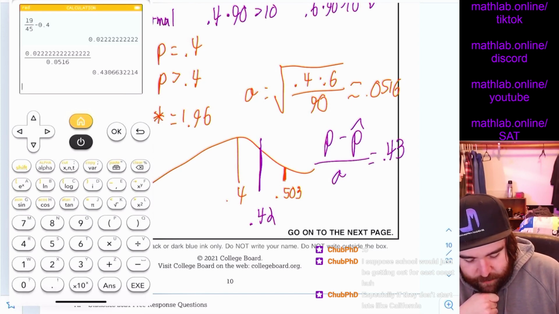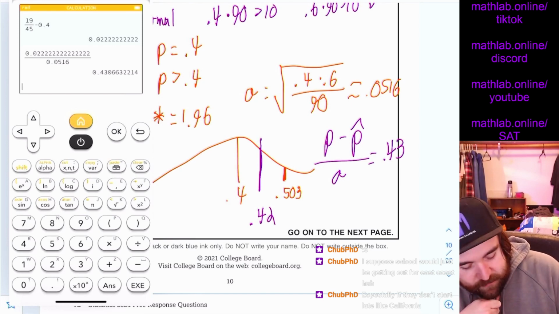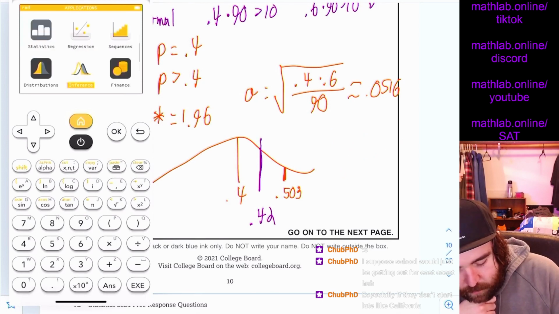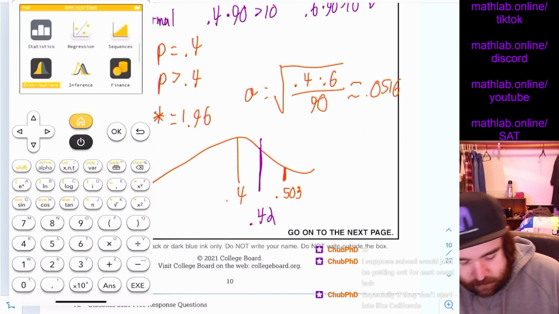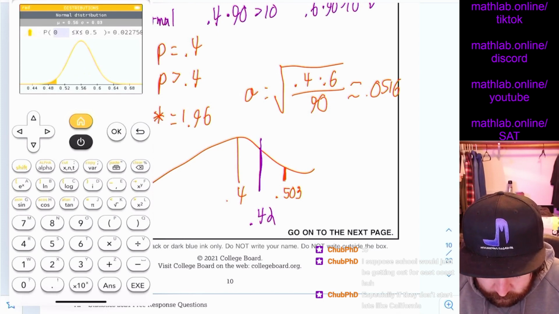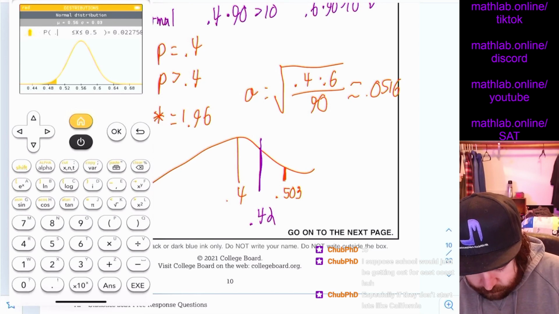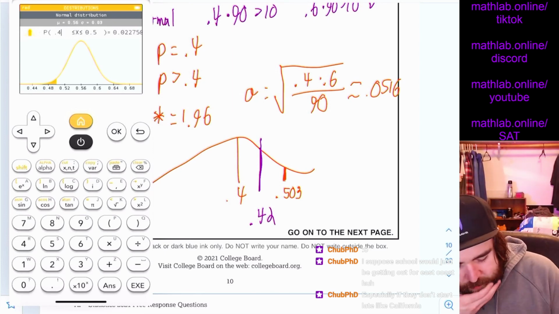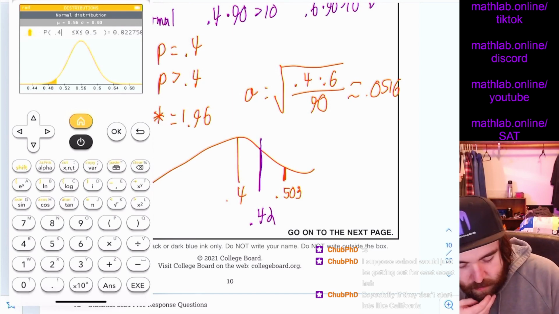Or that's not even what you have to do. You don't even have to do all that calculation because you have calculators. You go to distributions. We're already in normal. We want to look at the probability, because we're looking at a tail, of getting 0.42 or higher. Oh my gosh.